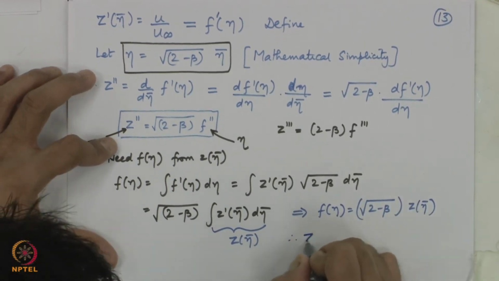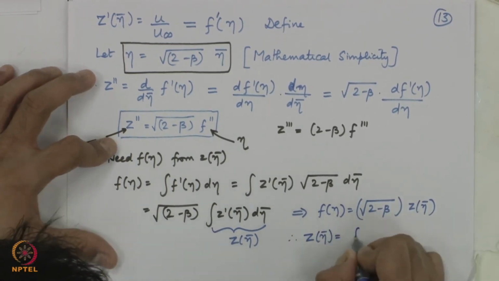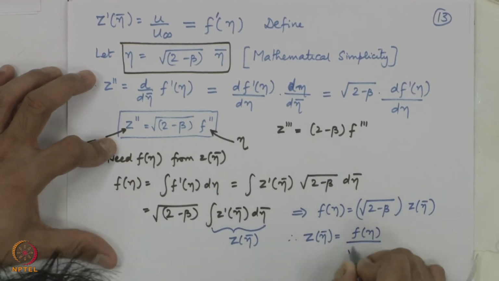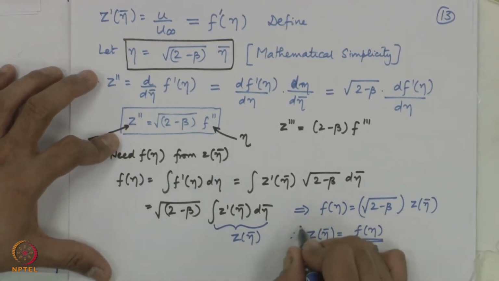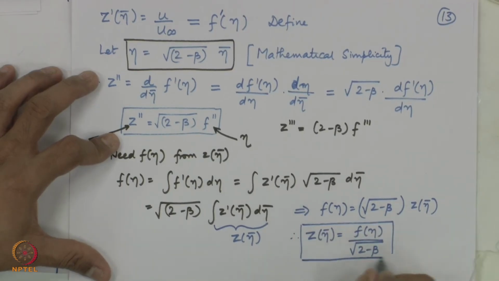Therefore, wherever you have z of eta bar, please replace it by this one. Therefore, the third boundary condition also gets simplified in terms of f.